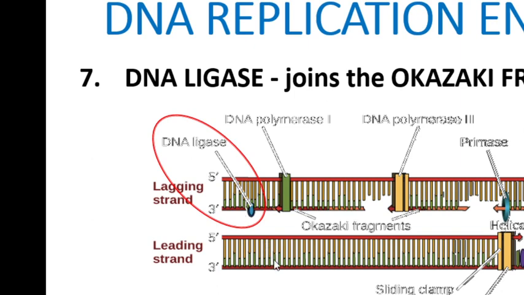So, unlike your leading strand, where you only need one RNA primer and then you will just be extended by your DNA polymerase, in your lagging strand it is essential that you have your DNA ligase in order for us to connect all of these fragments caused by the frequent RNA primase. Okay? Next.